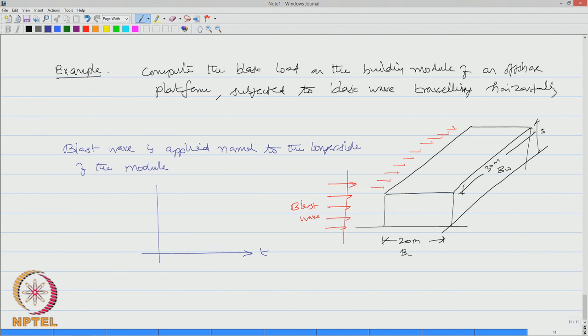and the peak overpressure with the duration is actually 40 kilopascal. The duration is 0.05 seconds.